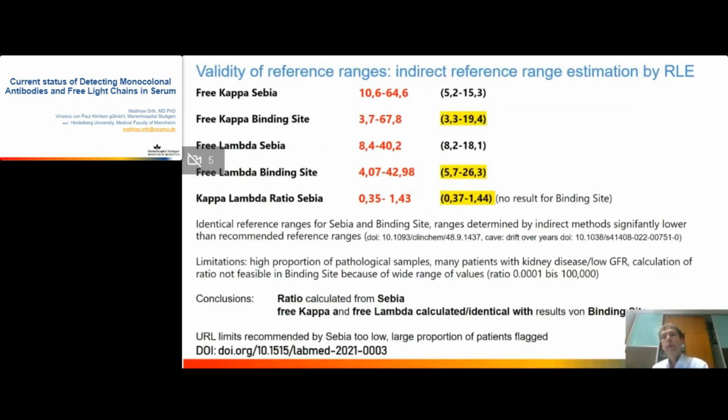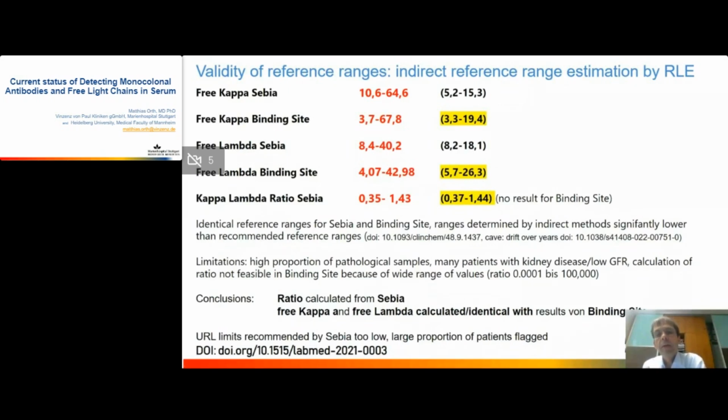But when we compare this, I think this is rather nice data. We found the reference ranges for kappa of the Xavier assay and the binding site assay to be very similar. For the kappa assay in Xavier, it was from 10.6 to 64.6, and for binding site from 3.7 to 67.8.